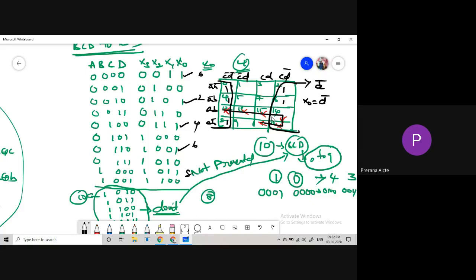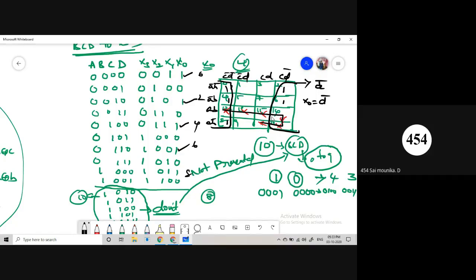Finally, we are getting some expressions, right? For X naught we are getting D bar, and for X1, X2 and X3 we are also getting some expressions. So based on these expressions, we are constructing a logical diagram.